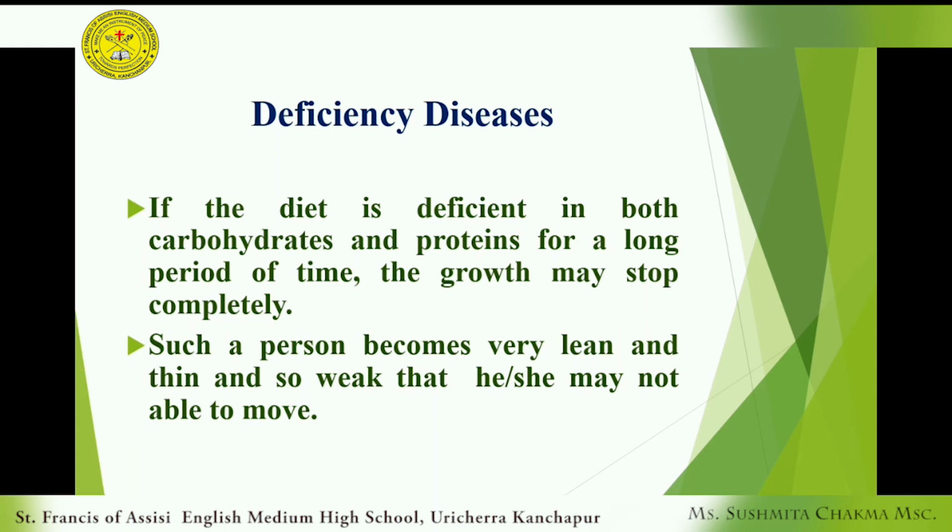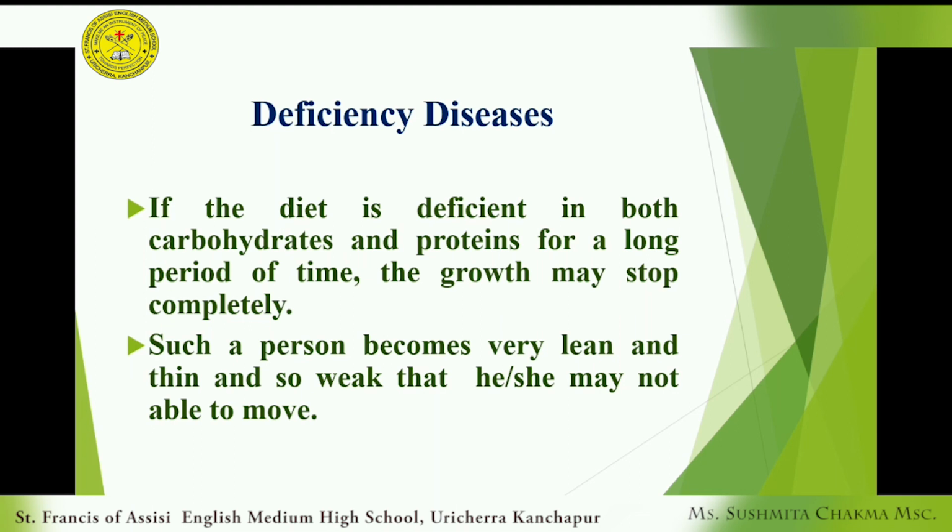This deficiency of nutrients can cause diseases or disorders in our body. Diseases that occur due to lack of nutrients over a long period of time are called what? Deficiency diseases.